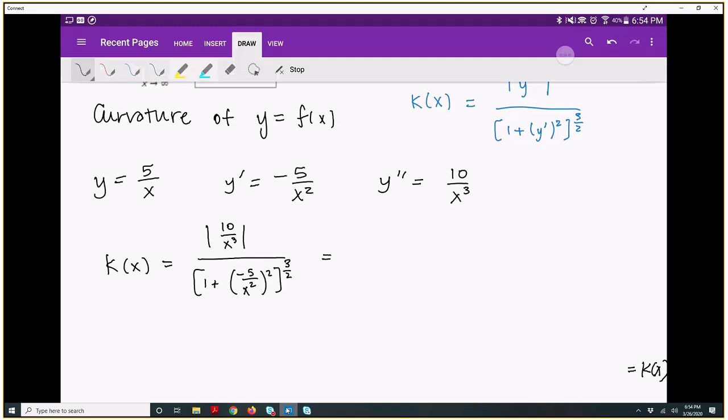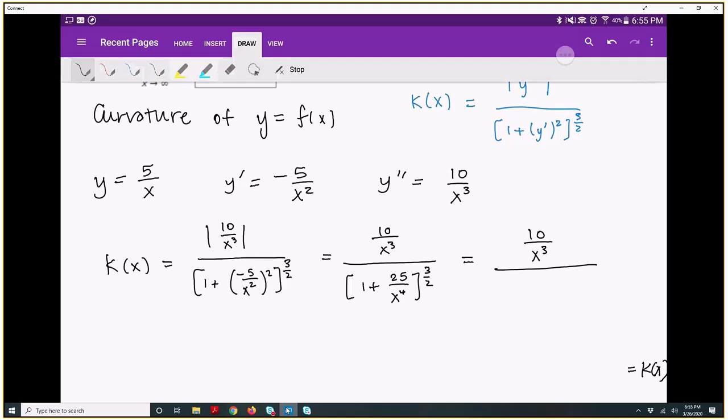And since we were told in the problem that x is strictly larger than 0, I can go ahead and drop the absolute value on top and say this is 10 over x cubed and divide the whole thing by, let's see, in the next step I'm going to find a common denominator. Let me go ahead and just write here 25 over x to the power 4 to the power 3 over 2. So as I said, I want to find the common denominator and simplify this even further.